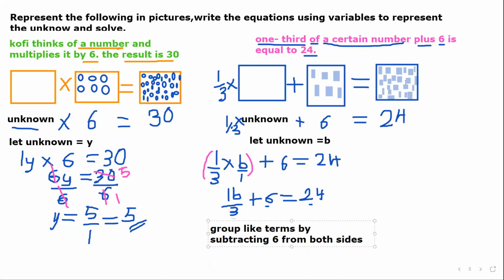So now our equation will be 1b over 3 plus 6 minus 6 equal to 24 minus 6.